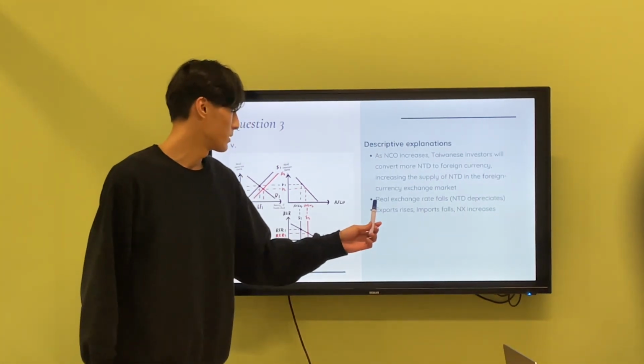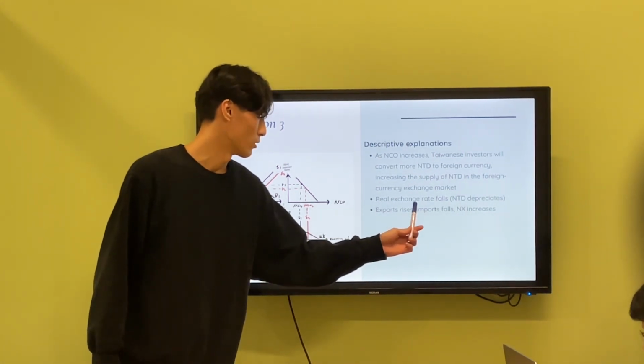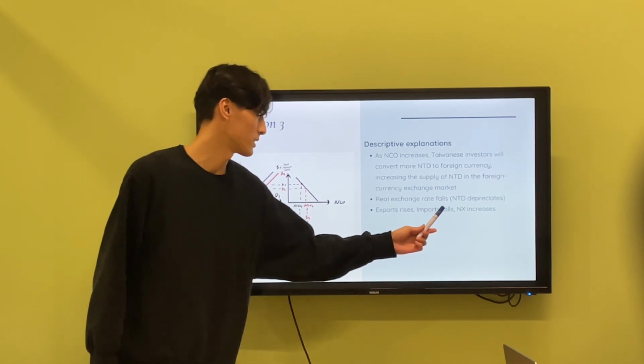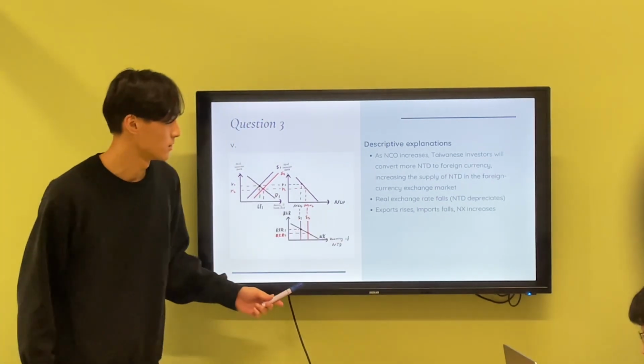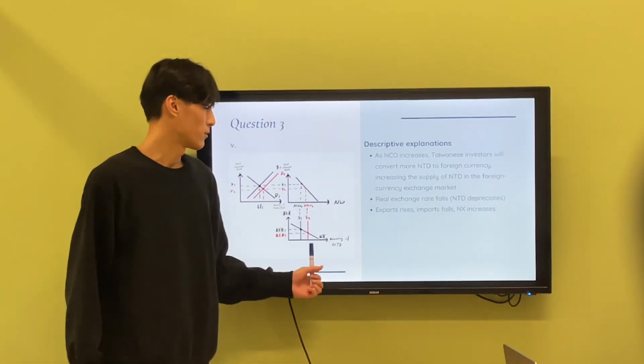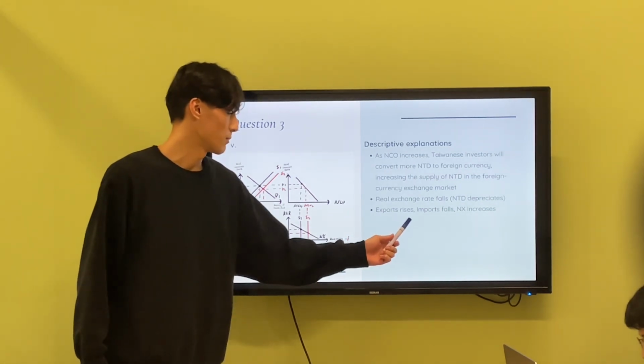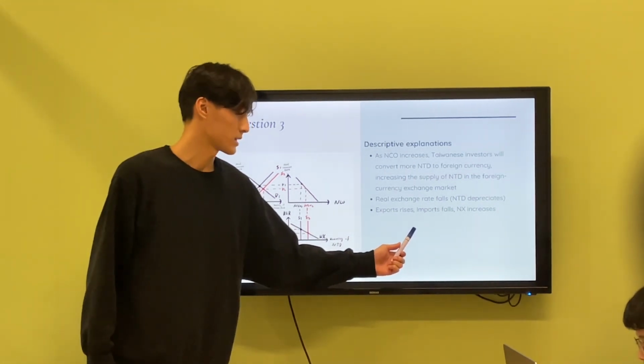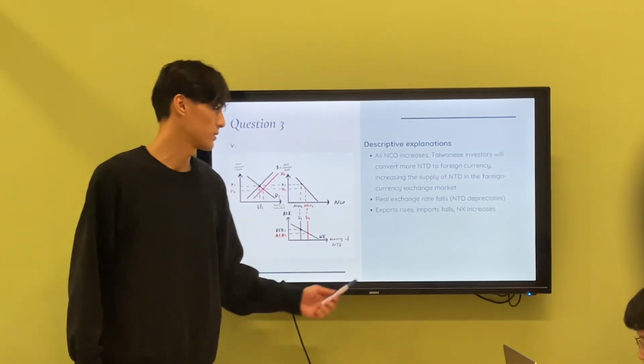And the result will be that the real exchange rate will fall, or we can say the New Taiwan dollar will depreciate. Therefore, export will rise, import will fall, and net export will increase.